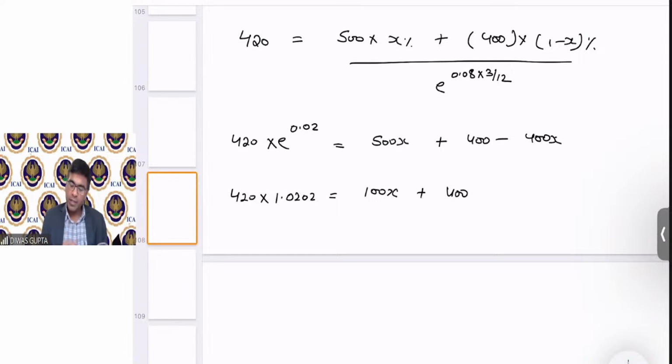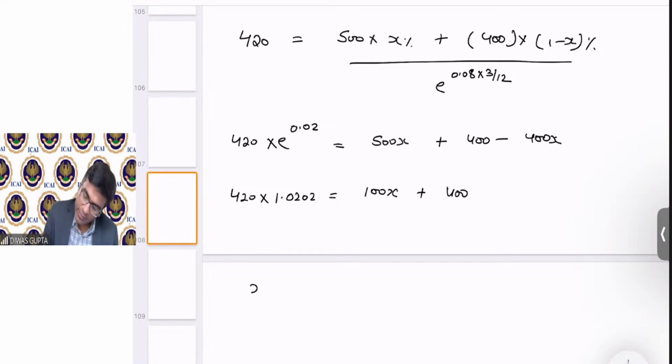Okay. So this becomes 420 into 1.0202, 428 minus 400, divided by 100. So it becomes 28.48 percentage.